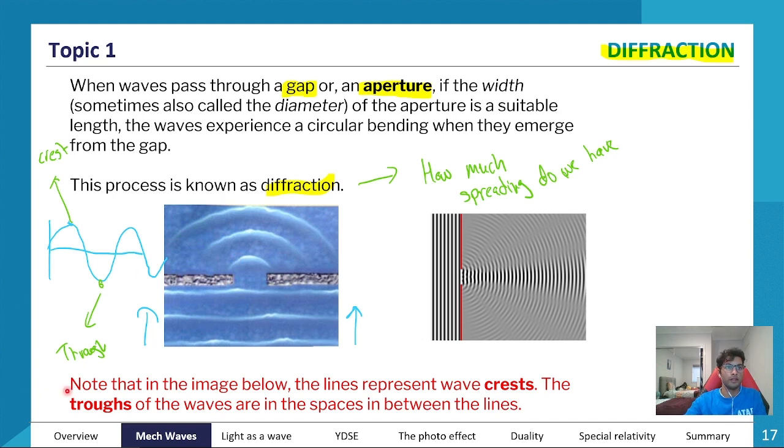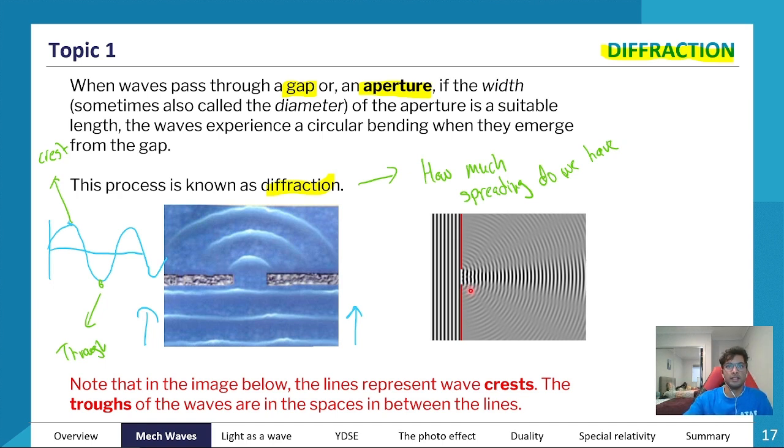Our trough is these dark parts where the waves are going down. The same thing is happening here. These white parts, these bright spots, maximum amplitude, are our crests. These dark parts are our troughs, because that's the darkest part, the lowest energy of the wave.